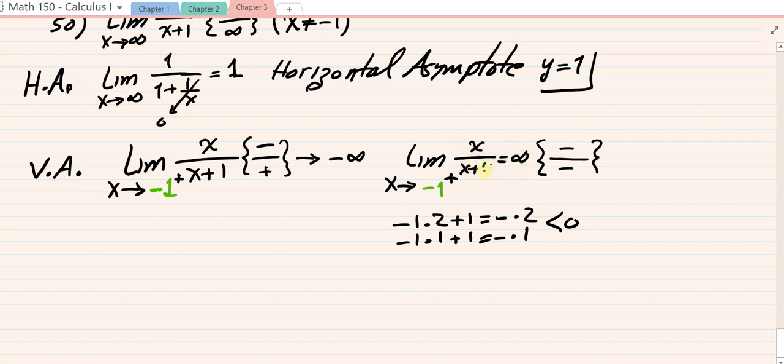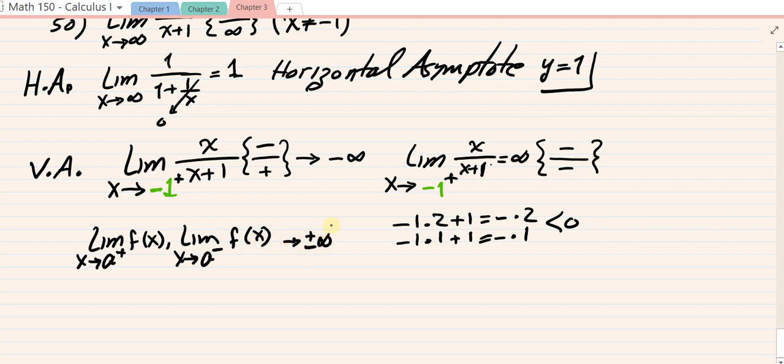Either way, remember for a vertical asymptote, the limit as x approaches a from the right of f of x, or the limit as x approaches a from the left of f of x, should give you plus or minus infinity, either or.